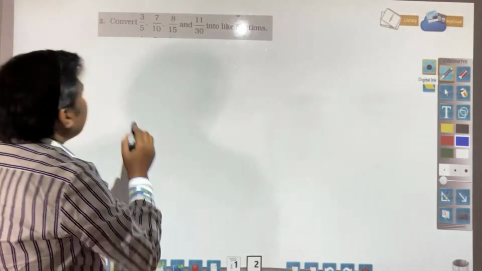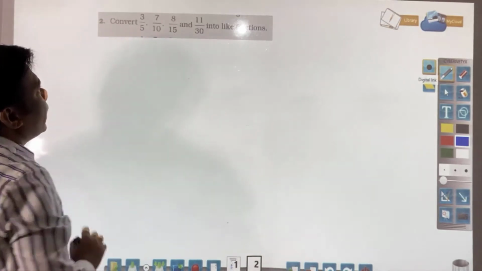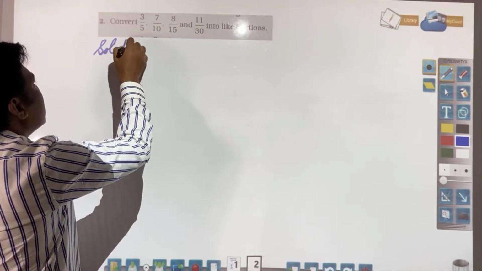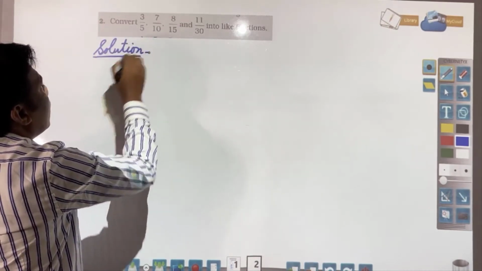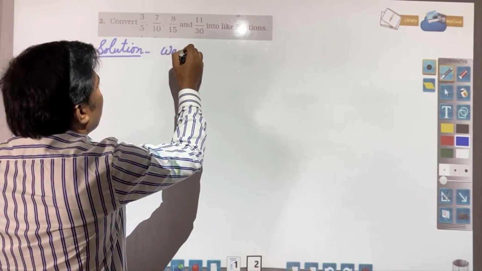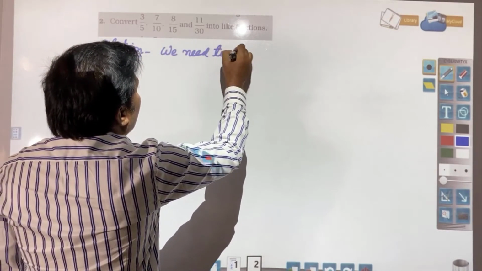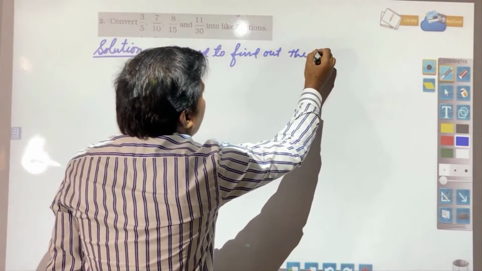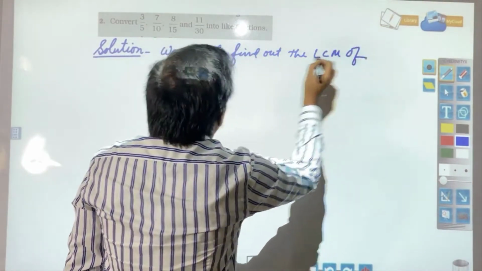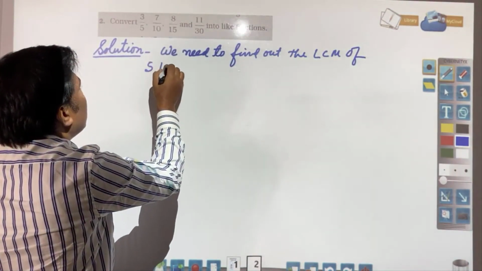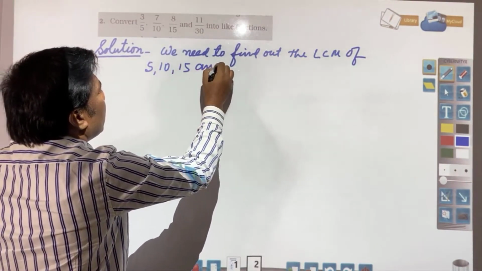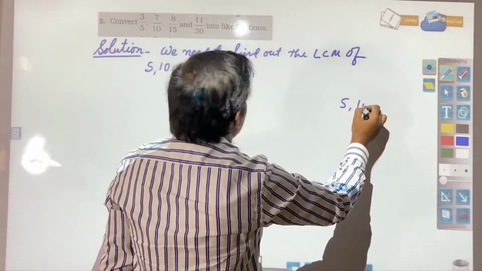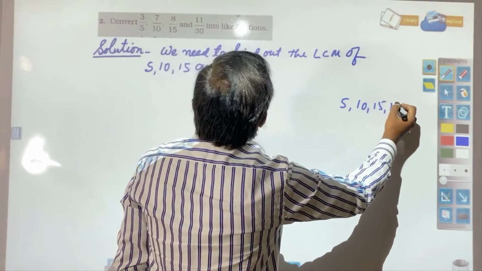Here you see 3 by 5, 7 by 10, 8 by 15 and 11 by 30 you have. So how will we solve this? We need to find out the LCM of 5, 10, 15 and 30.